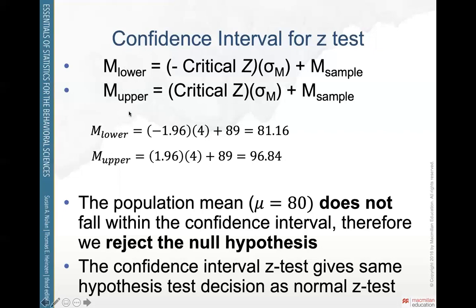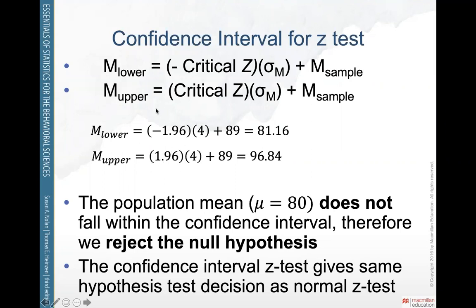Here's the general equation, and here's the specific confidence interval that we made last class. To point out something, the M lower contains the critical z-score. This is a critical z on the left side of the distribution, and the upper bound contains the other critical z, positive 1.96.